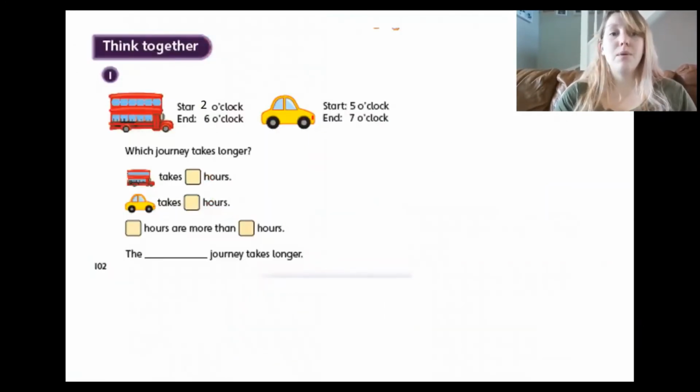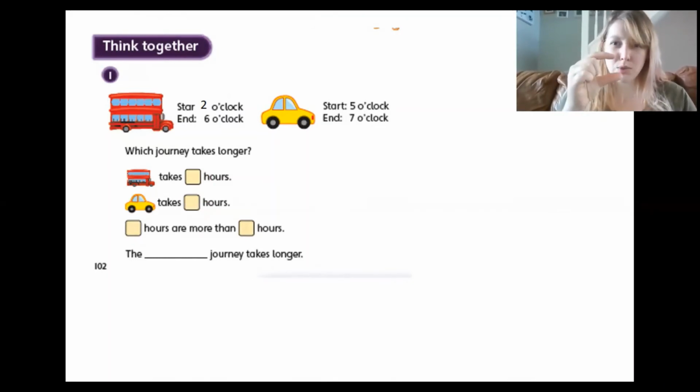So now we're going to start with our think together. This is my turn. So the bus starts at 2 o'clock and ends at 6 o'clock. The taxi starts at 5 o'clock and ends at 7 o'clock. So when I'm thinking about this, I need to think about the start time and the end time and how long was in between, how long the journey took.